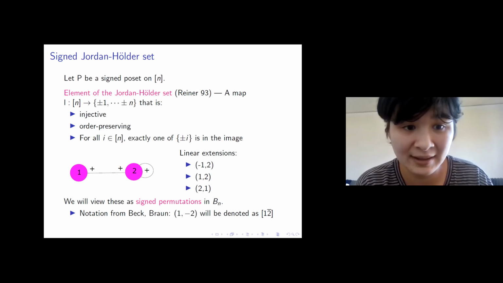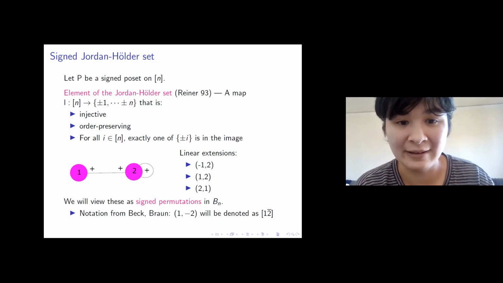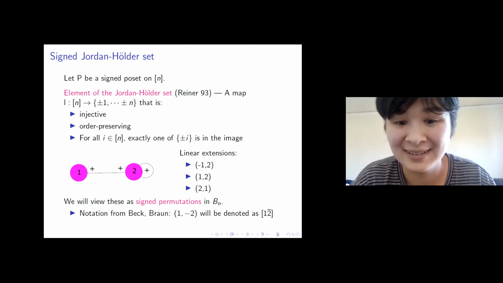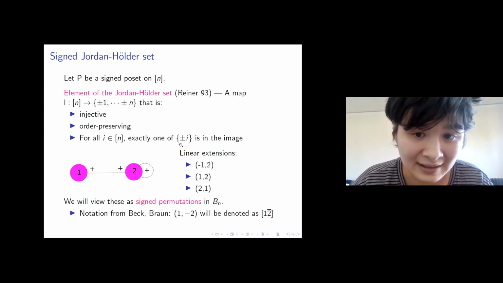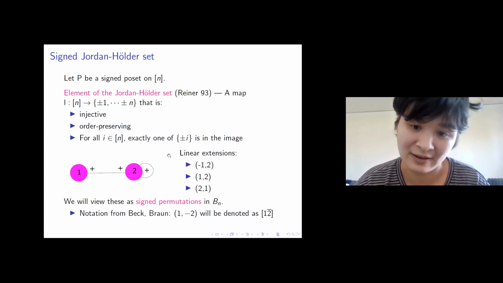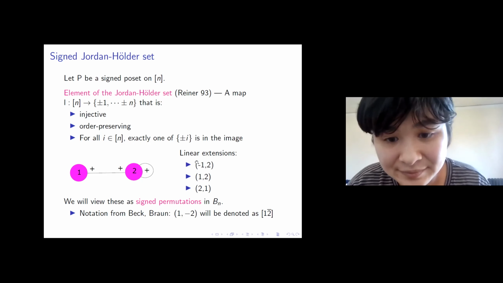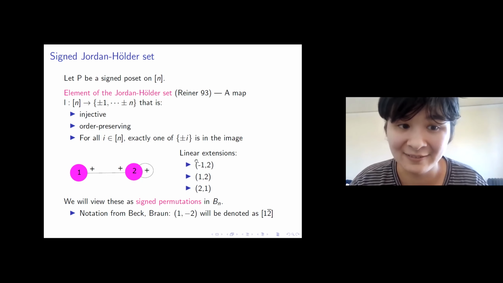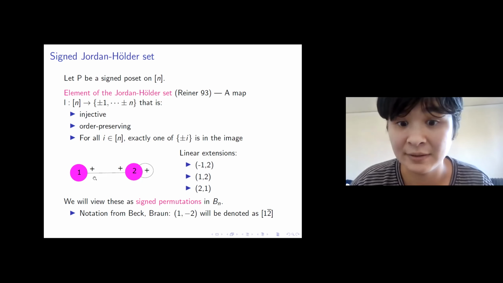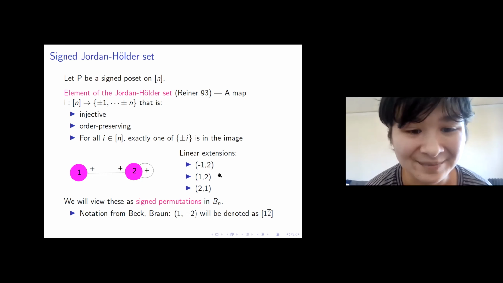None of the entries are repeated, and for all numbers from 1 to n, exactly one of plus or minus n appears in the n-tuple. And lastly, the most important thing is that it's order preserving, which means that if you take the dot product of your n-tuple with any of the roots in your signed poset, you get a non-negative number. So that is a lot of words.